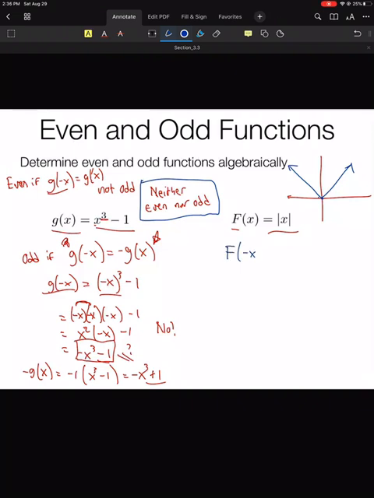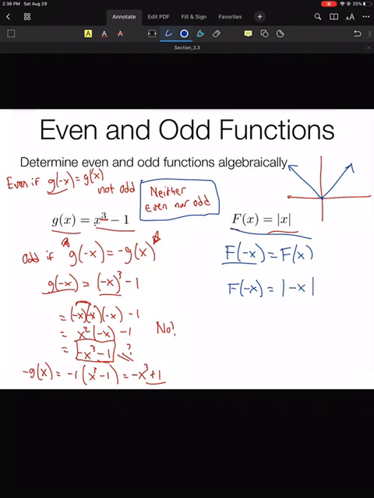Is f of negative x equal to f of positive x? We have to evaluate this left side. We already have the right side up above. So f of negative x is equal to the absolute value of negative x.